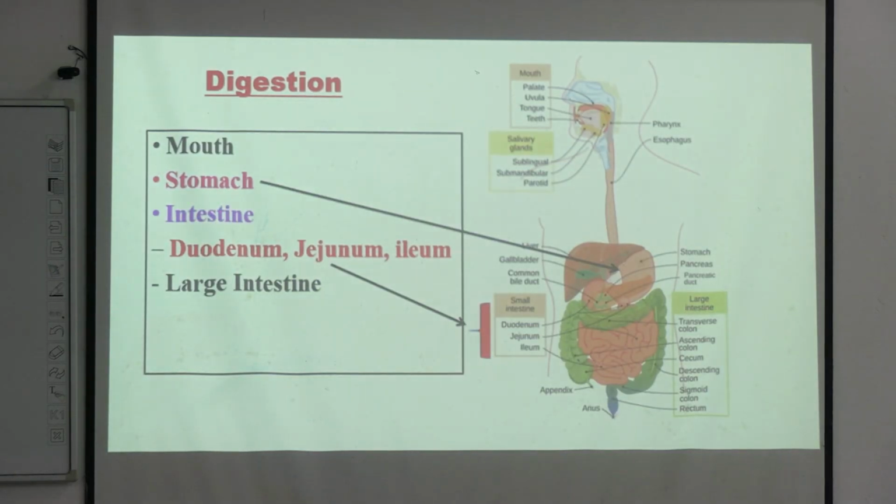Digestion occurs right from the mouth to the stomach, intestine, duodenum, jejunum and ileum, large intestine, but there is no digestion of protein in the mouth, because the oral juice does not contain any proteolytic enzyme. So, protein digestion starts at the stomach and in the small intestine only.